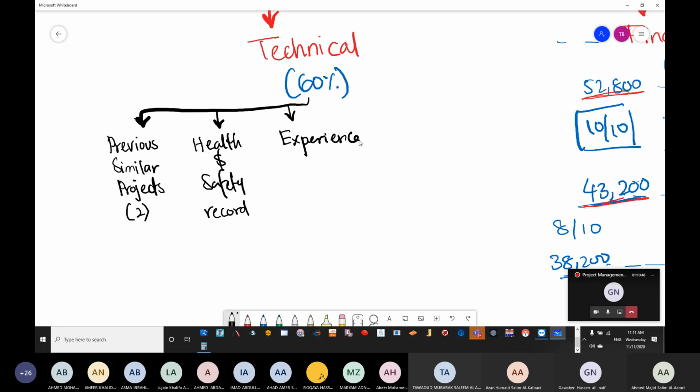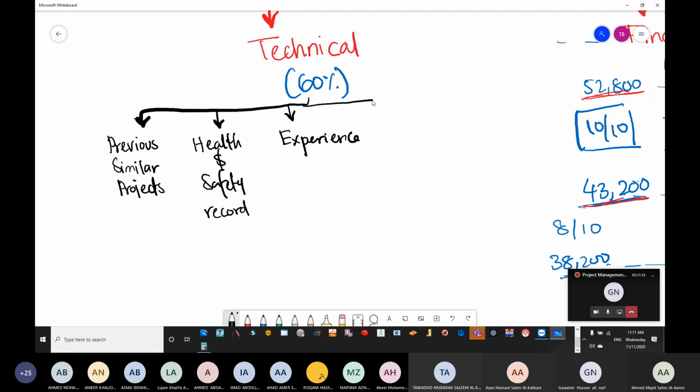I have two companies. Company number one is having 20 engineers. Company number two is having only one engineer. You will give your project to whom? So all of these are important for the technical evaluation.